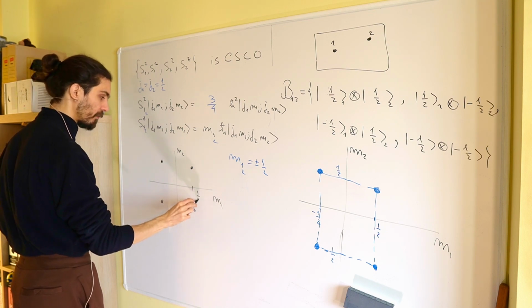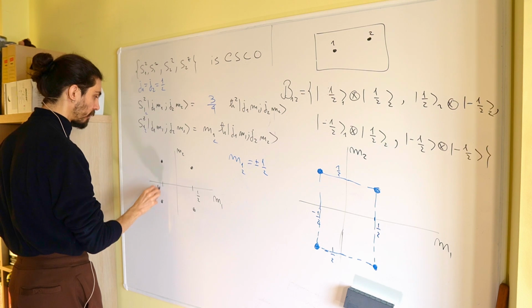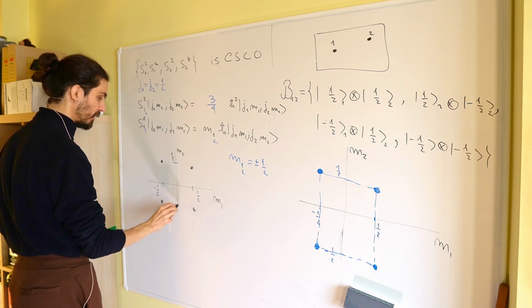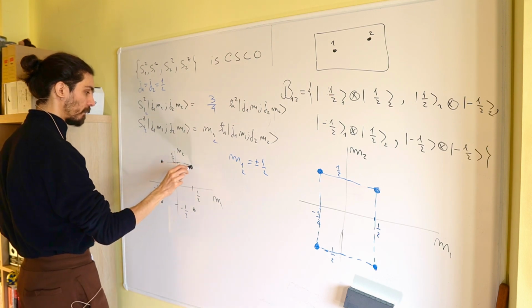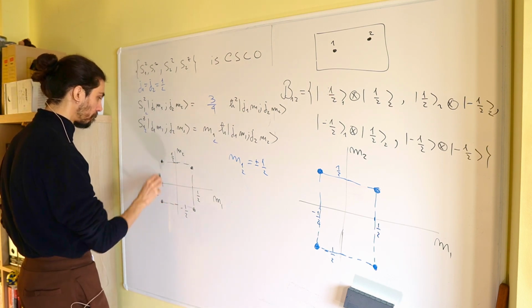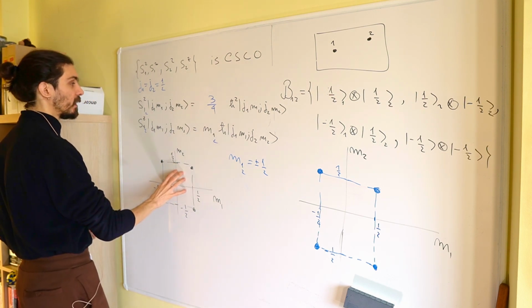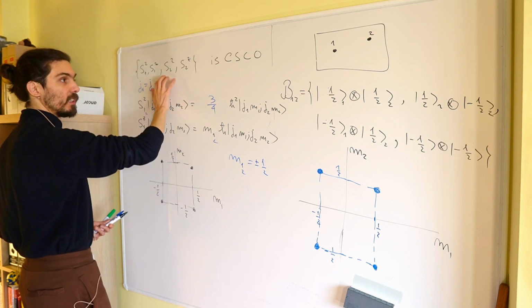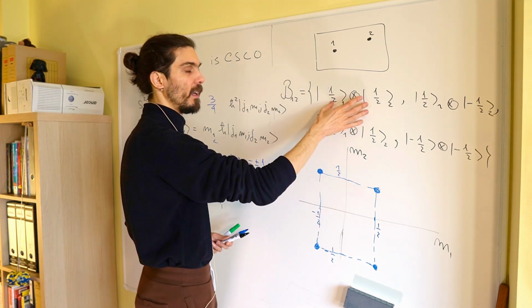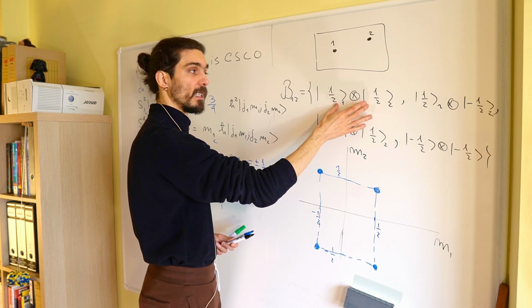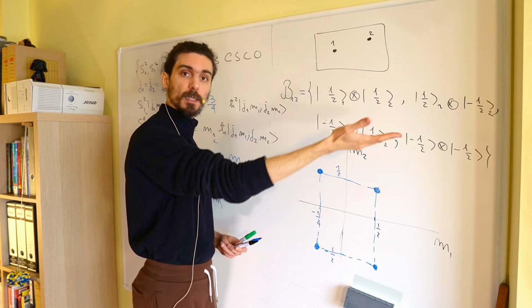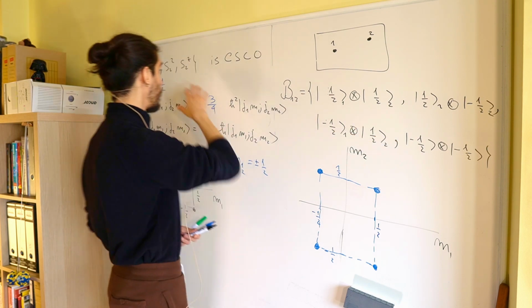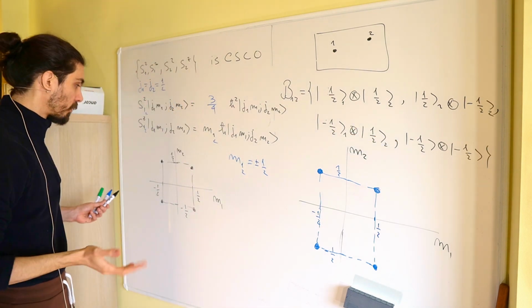This is 1/2, this is minus 1/2, here is 1/2, this is minus 1/2, and so on. The same picture here. Now, this picture comes from the fact that it's a CSCO. This picture comes from the fact that each one of these states is an eigenstate of the extended operators that we saw previously. These are also the extended operators that commute.